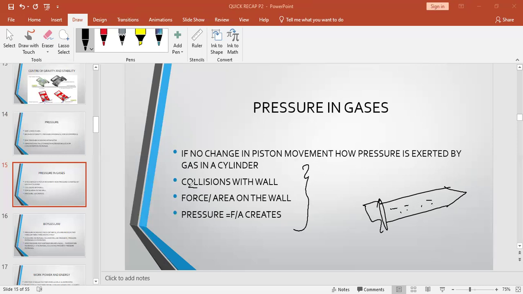The gas particles... Can I rejoin? Because someone called me and now the voice is a little gone. I'll just rejoin very quickly. Okay, actually, we are about to finish the class. Because the voice is very low.